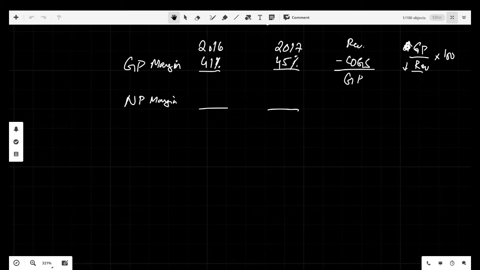How can I increase the gap between the revenue and the gross profit? Okay, listen carefully. What we said was that in order to increase GP margin, we have to increase the gap between GP and revenue. How can we do that? We can do that in two ways. The first way is holding the costs right where they are, we increase the revenue.